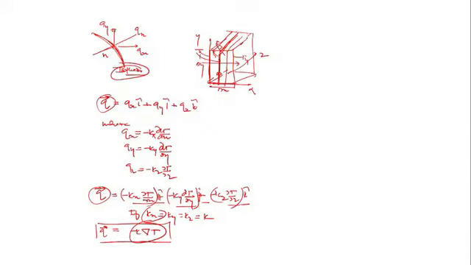And listen, temperature variation in y and z is negligible. Why? Because the length in y and z is very long as compared to x. It's called one dimensional heat conduction. Why one dimensional, my dear student? Because the length in y and z is very large as compared to x.